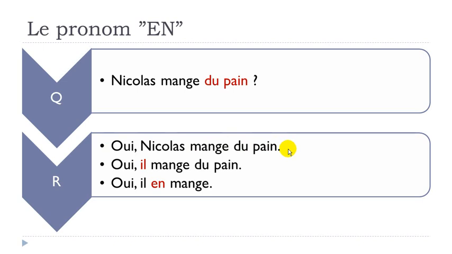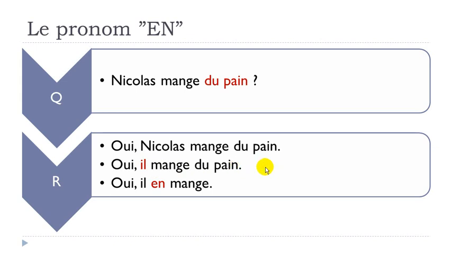Normally, that's not the way we will do, because we tend to replace things with pronouns when it's possible. So the first option would be to replace Nicolas in that case. You don't want to repeat Nicolas, so you can say oui, il, he, instead of Nicolas because it's masculine, mange du pain.